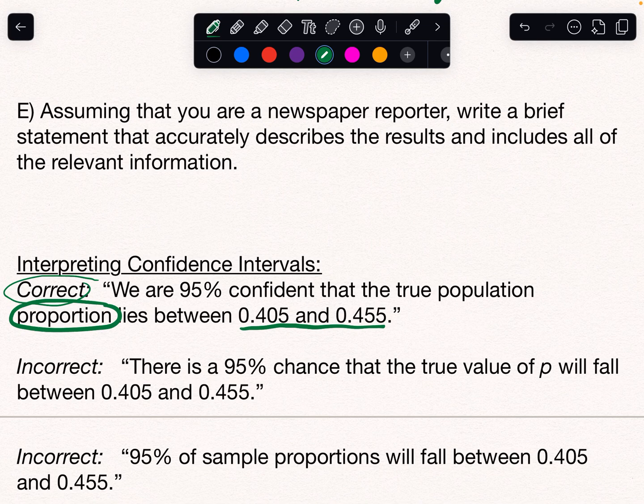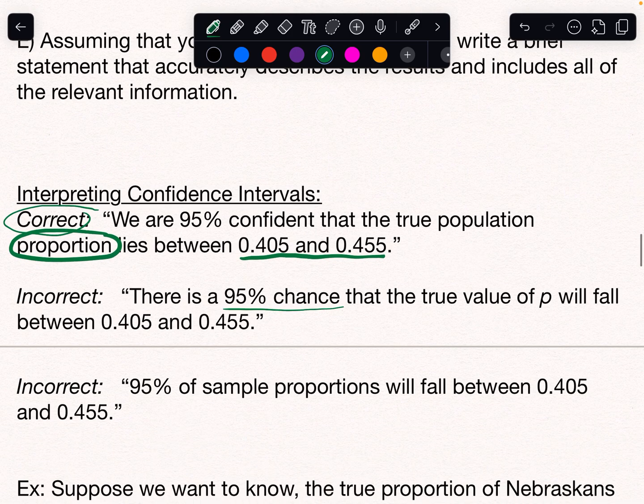Because our incorrect way says there's a 95% chance that the true value of p will fall between those two values. We can't really say 95% chance because that's not what it's actually saying. We're 95% confident that it's going to fall there. So you can't make it a probability statement when you're talking about population proportions. The other one, 95% of sample proportions will fall between 0.405 and 0.455.